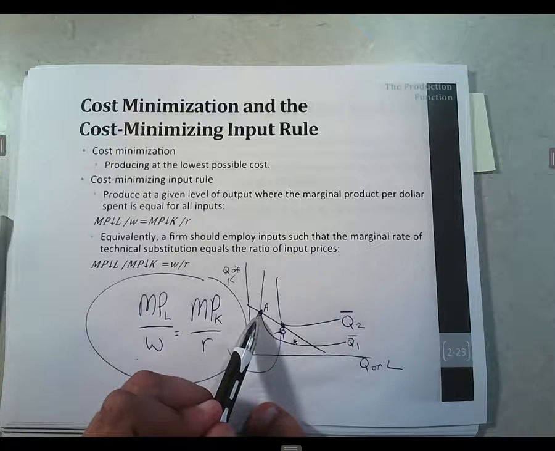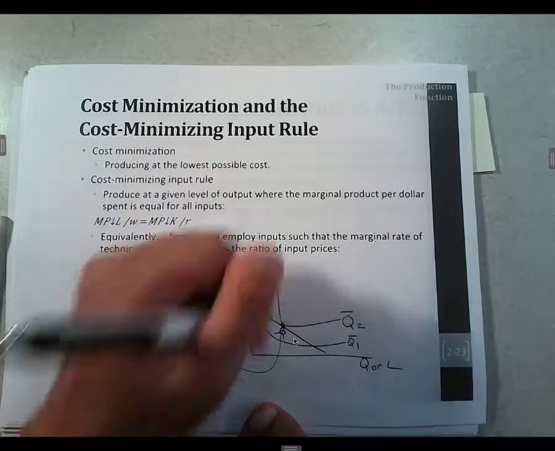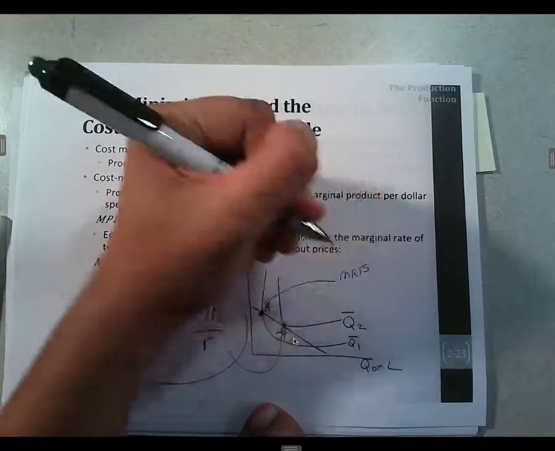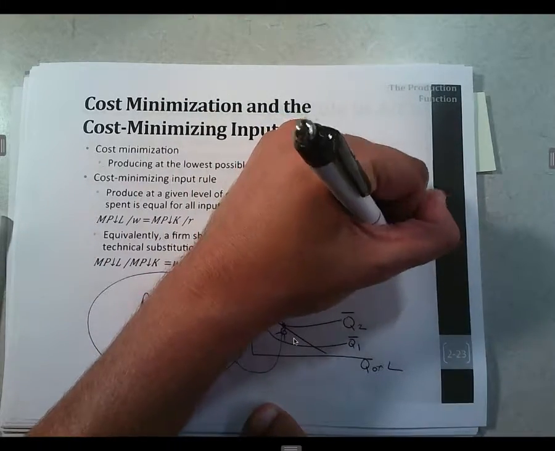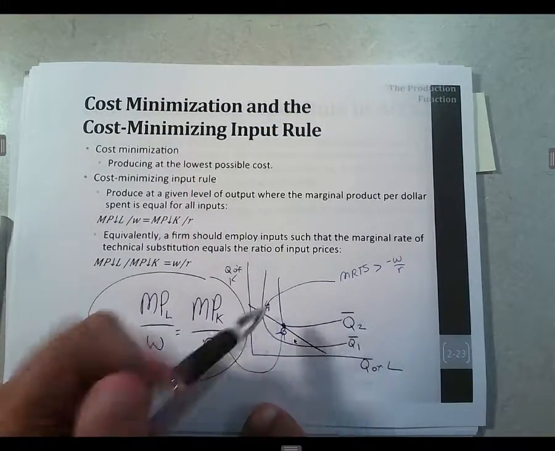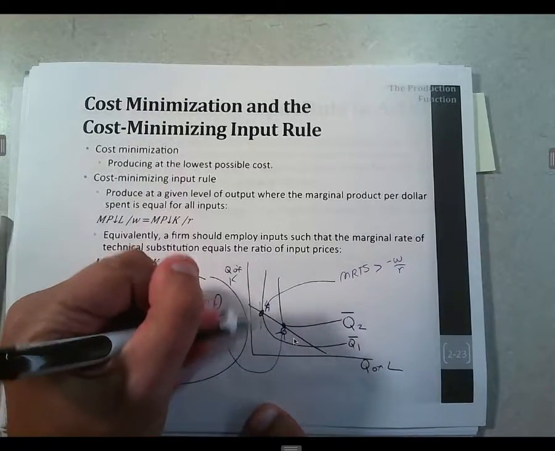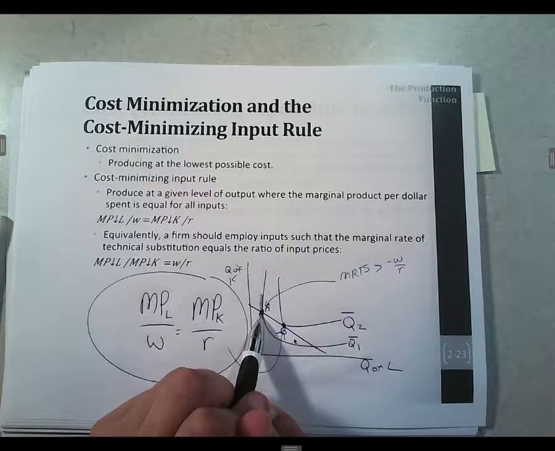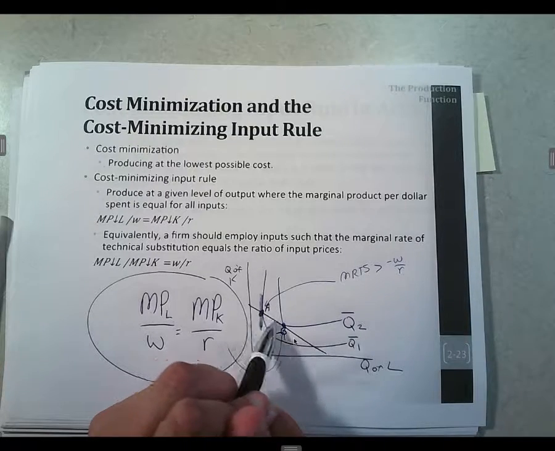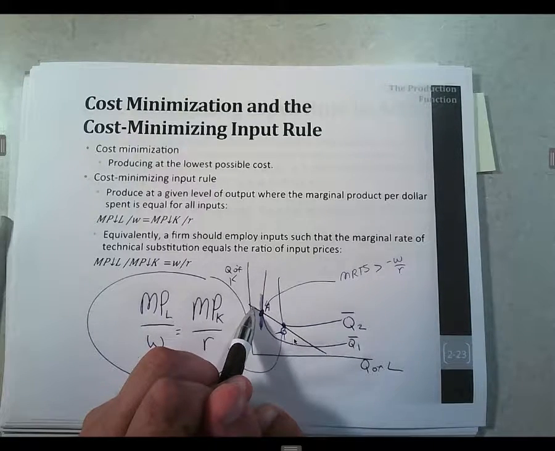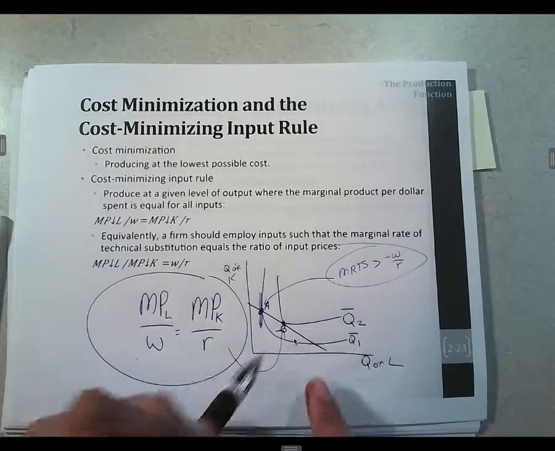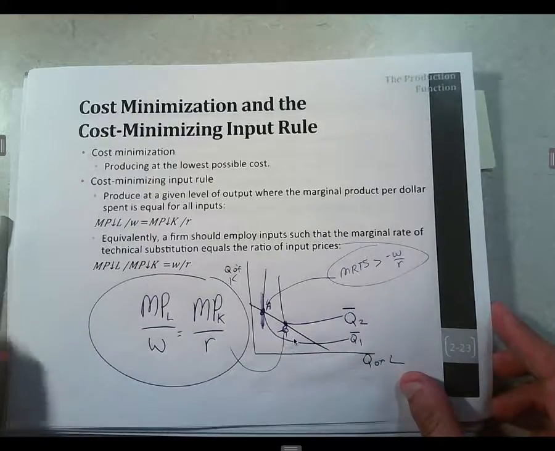I am certainly not at point A, because at point A we can see that the slope of the ISO quant is steeper than the slope of the ISO cost line. I have too much capital, not enough labor.